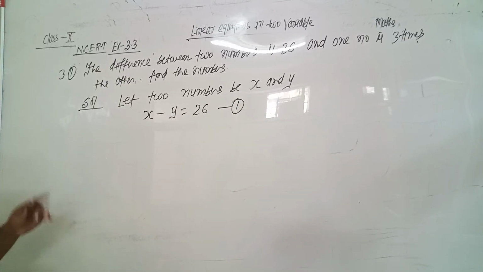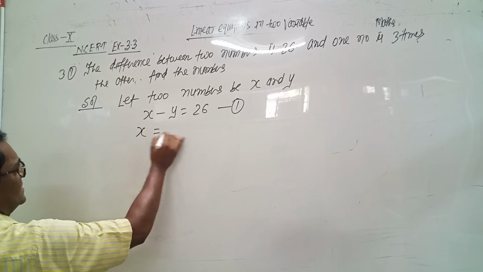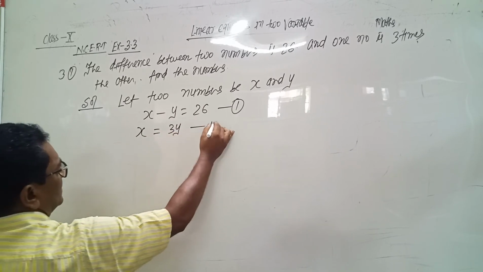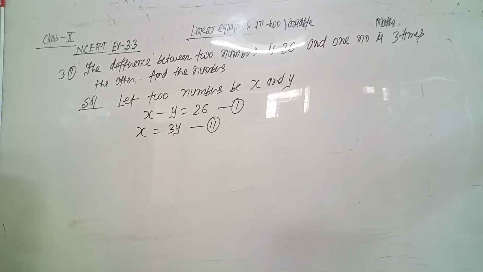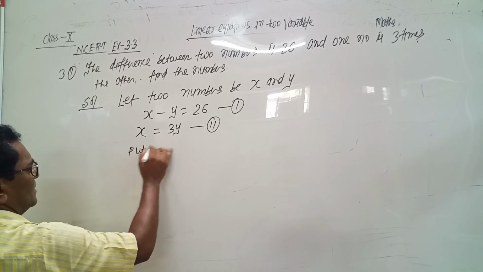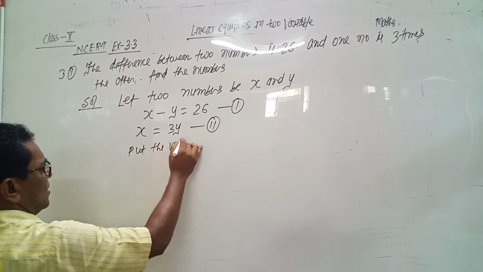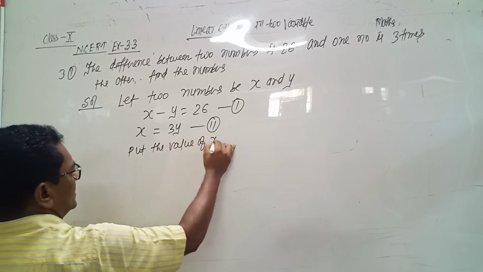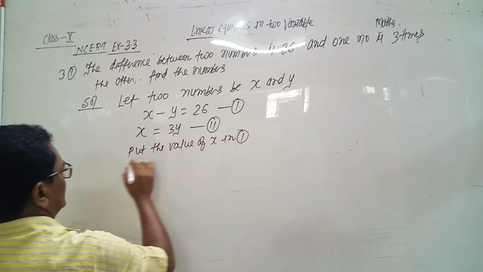And one number is 3 times the other, means x equals 3y. Put the value of x in the first equation.